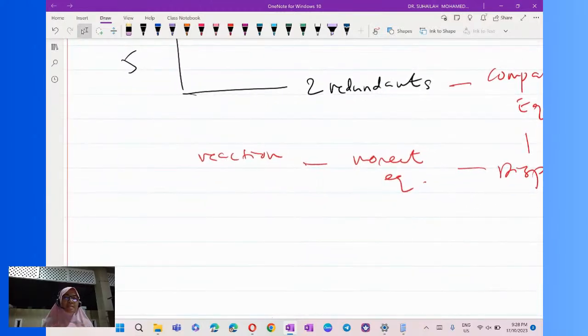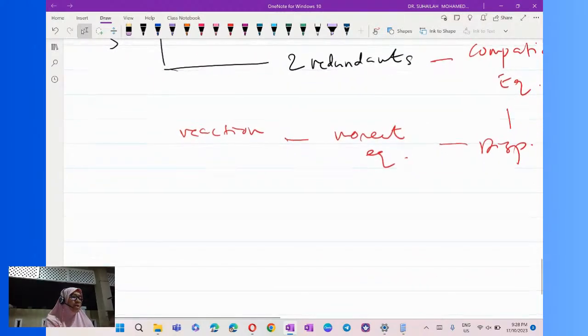So how many systems do we have altogether? For 2 redundants, we have M0, M1, and M2.